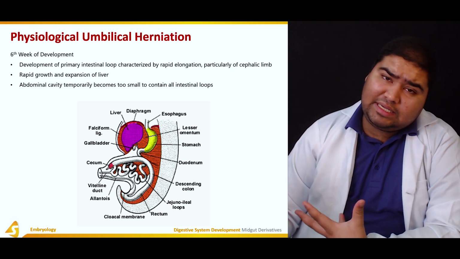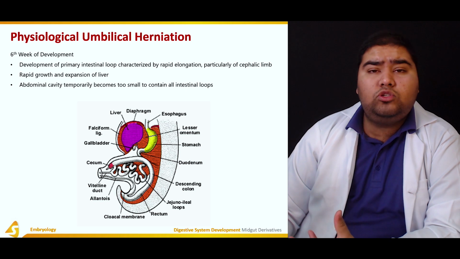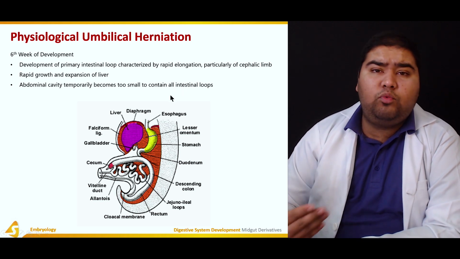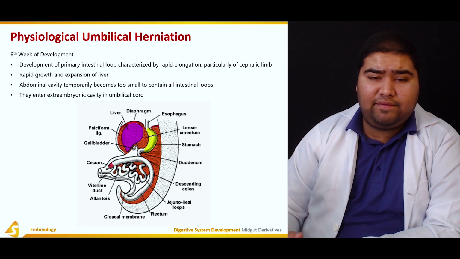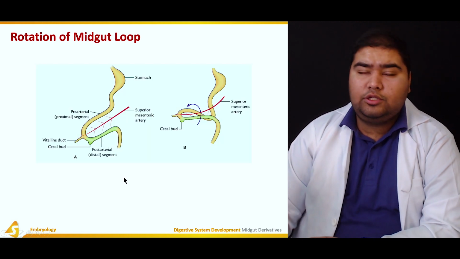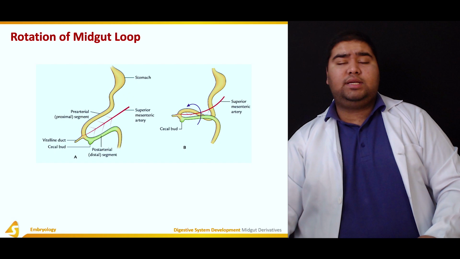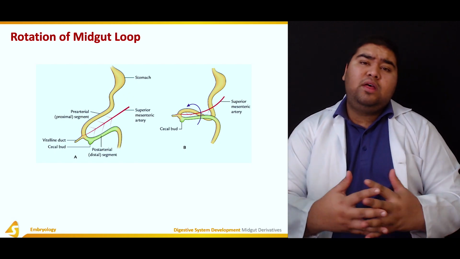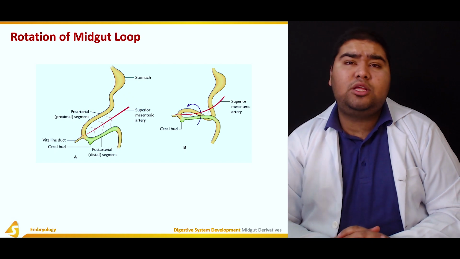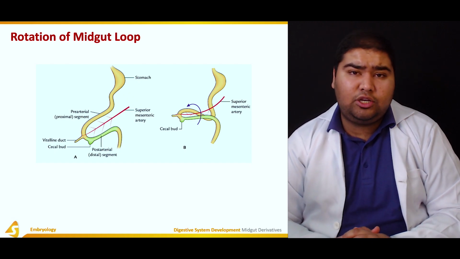So there's no space for these intestinal coils to form within the abdominal cavity, and they enter the extra-embryonic cavity within the umbilical cord. So this is what physiological herniation is all about. Physiological herniation is important because it helps in the rotation of the midgut loop.